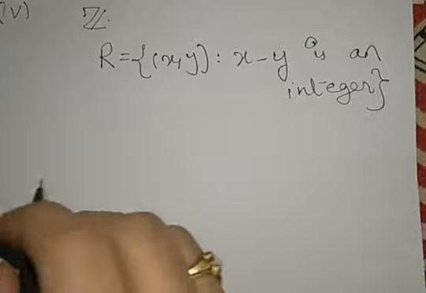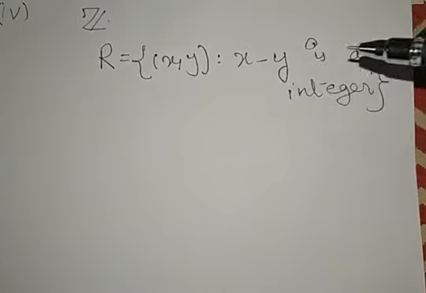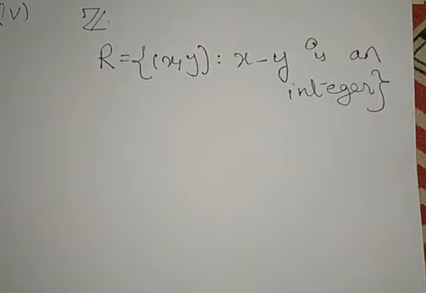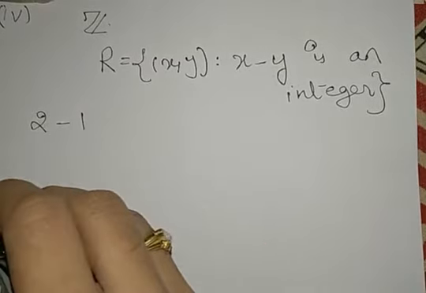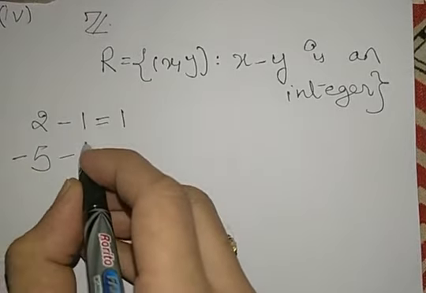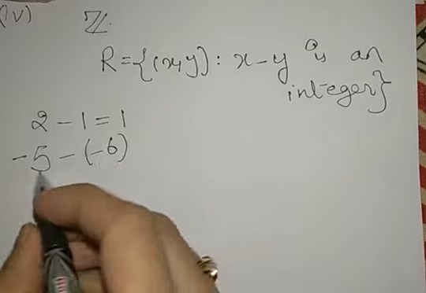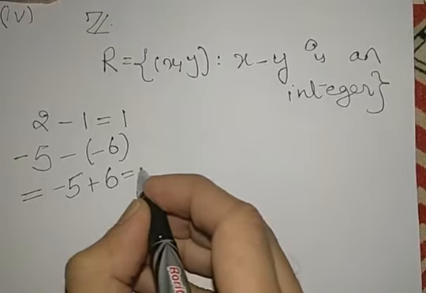So if you look at this set R, that is set of all x comma y such that x minus y is an integer. Now if you take any integer and one more integer, so if you take the difference of those integers, you will get an integer only. If you take say 2 and 1 and you take the difference, that is 2 minus 1, you will get an integer. Or if you take minus 5 and minus 6, and if you take the difference, you will get minus 5 plus 6, which is equal to 1.